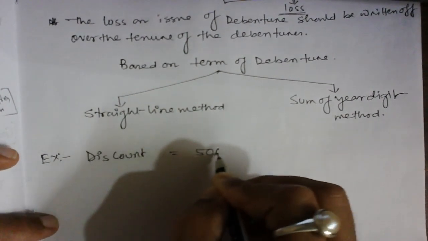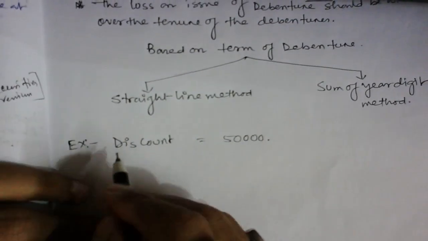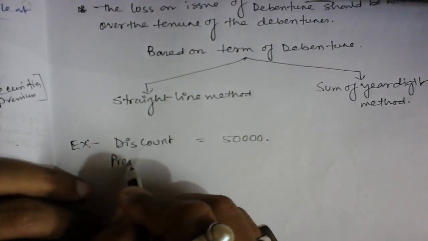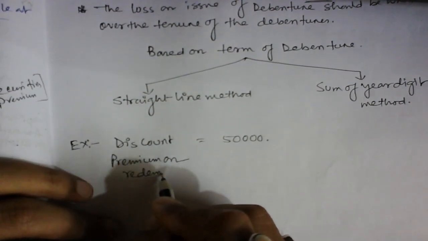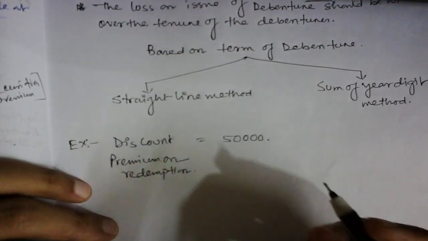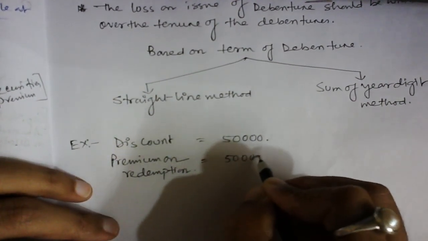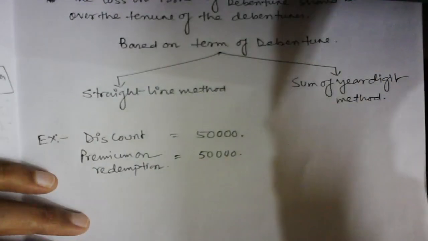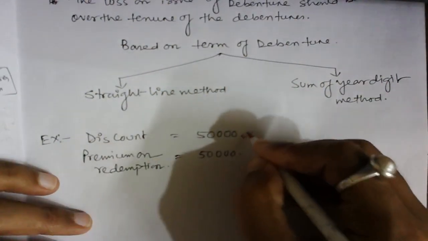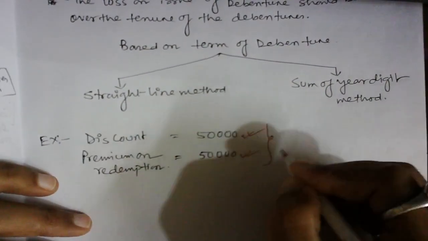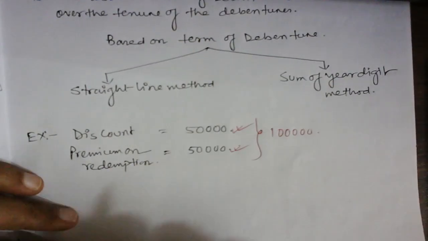And the premium on redemption is, let's say, again 50,000. So both are 50,000, the discount and the premium. So how much is the total, sir? 1 lakh. 1 lakh is the total amount.